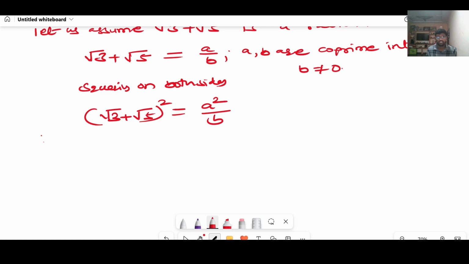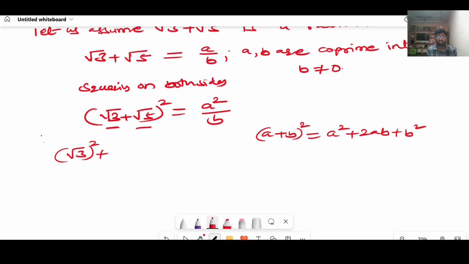now if it is in the form of a plus b whole square, right? We know a plus b whole square equals a square plus 2ab plus b square. Right, now a square plus b square plus 2ab will be equal to, here also we have square, b square, right?